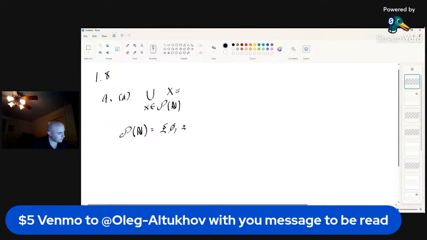the empty set, 1, 2, 3, N, small n. So it's going to be the empty set, 1, and these are singletons, and then it'll be doubletons, tripletons, blah, blah, blah, just keep growing. So X contains the power of the natural sets.